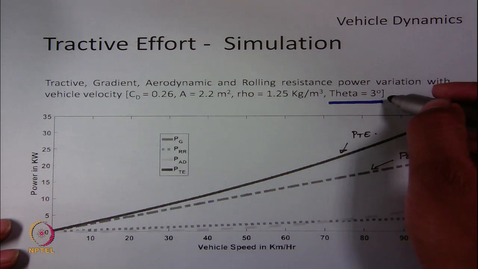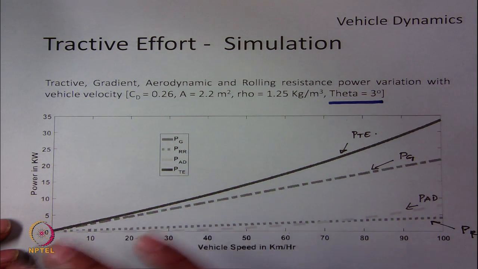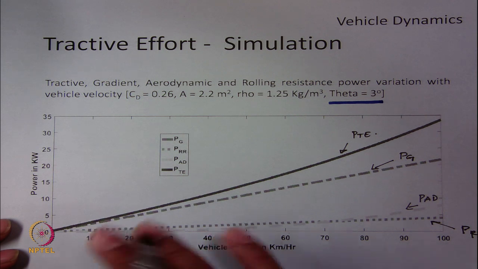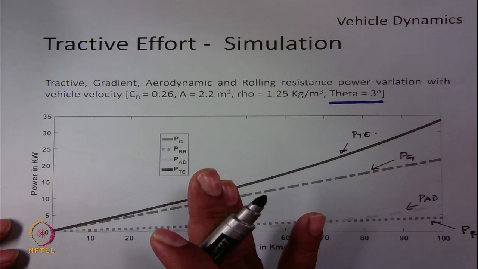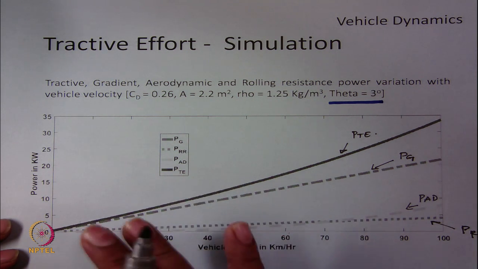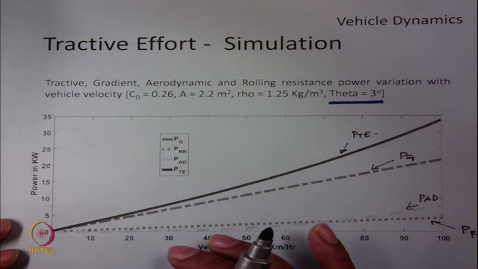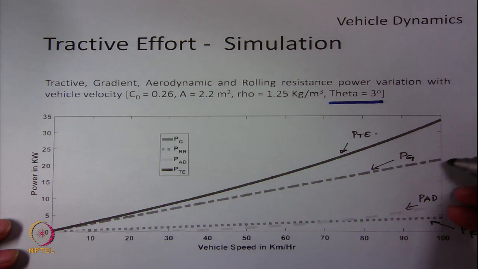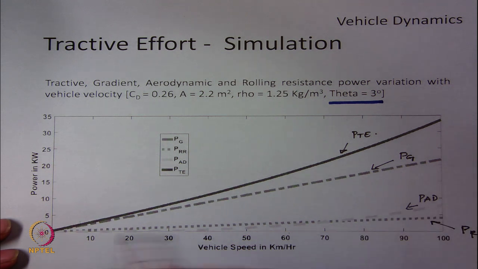So, you can see the effect of slope. Moving the vehicle on a slope versus a flat road is enormous. This effect will be very high if we are running at high speed on a slope. The effect increases linearly.